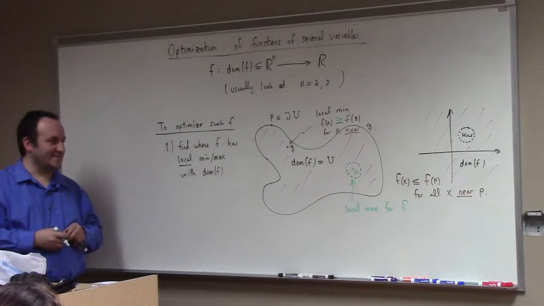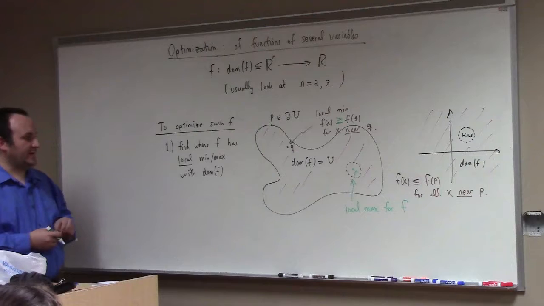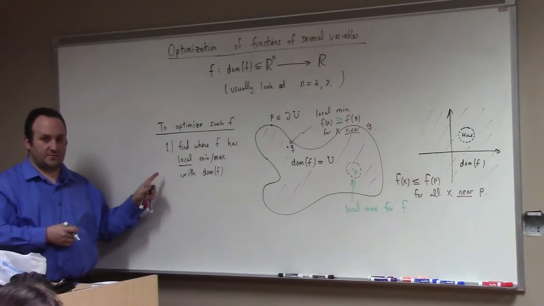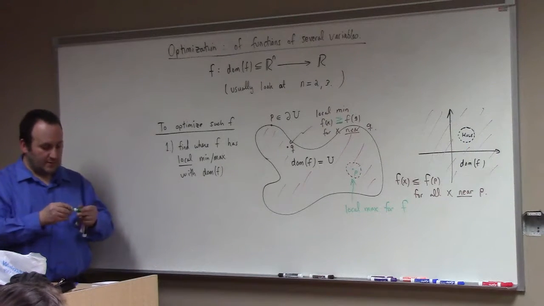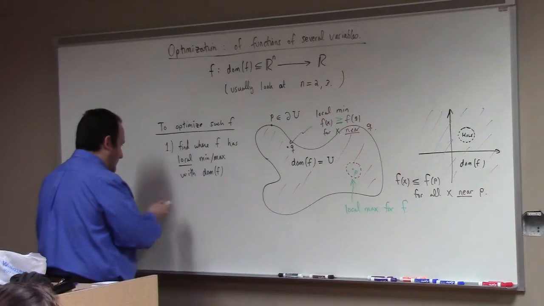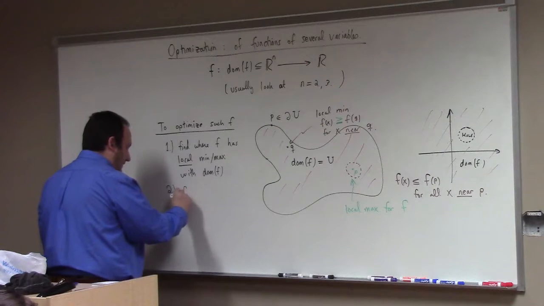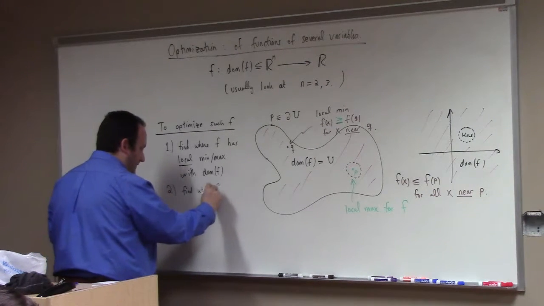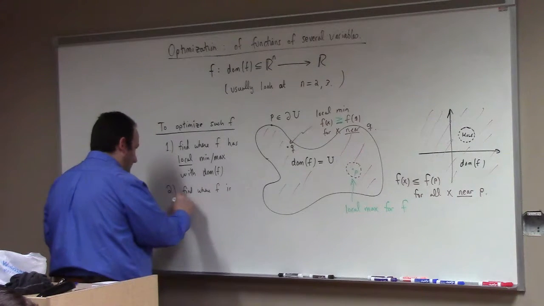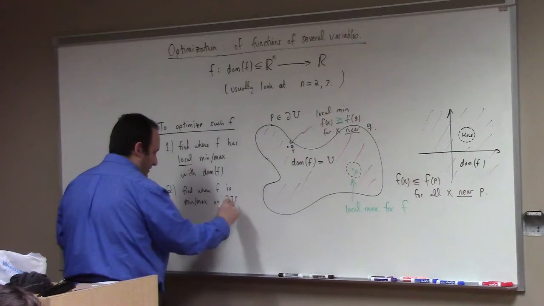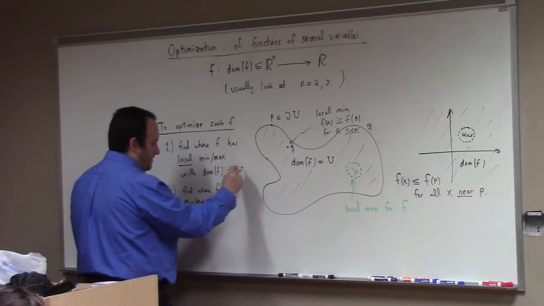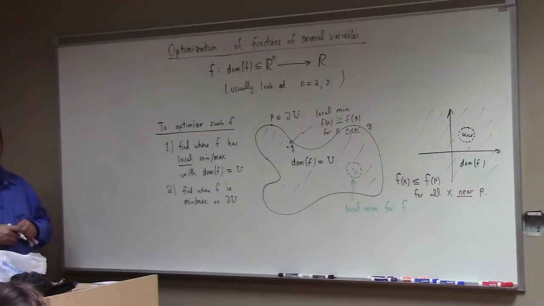That's good. All right. So number one, we have to find where f has a local minimum or maximum in the interior of the domain. Step number one. Step number two, in the big picture of things, is we have to find where f is minimized or maximized on the boundary of the domain. Because the local mins or maxes, we're not going to pick up on them.